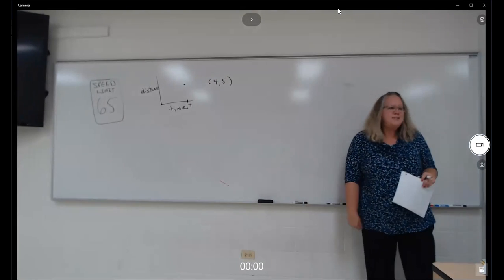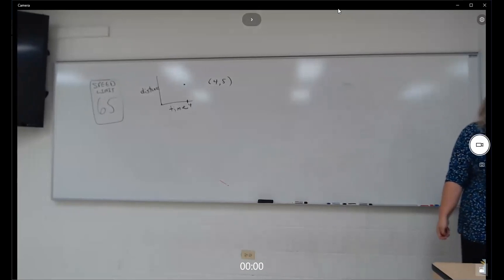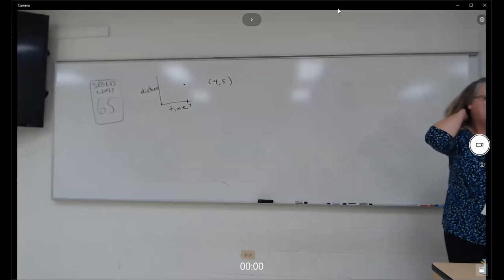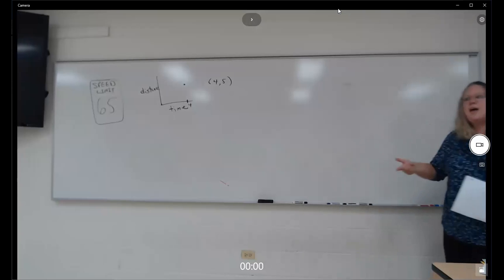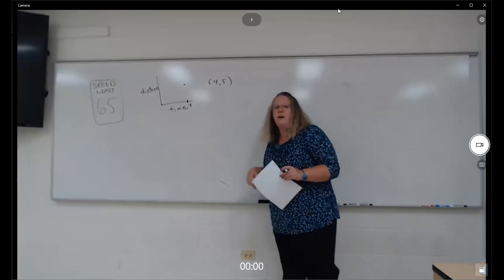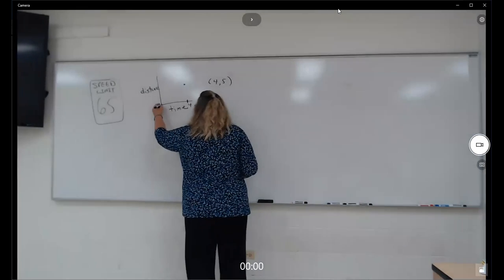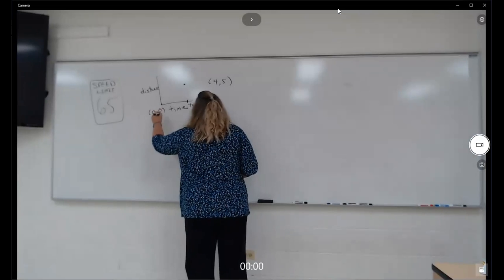Now, what is the time when the problem starts? The problem starts at the beginning of time. That's where the whole problem is. And how far has he traveled at the beginning? 0.